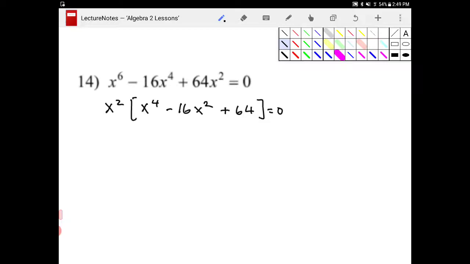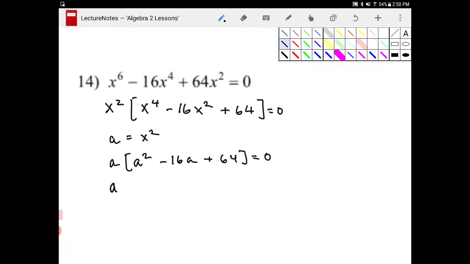If you recognize what to do, you don't need to use a dummy variable, but if you don't, I encourage you to. You don't have to use the letter u. You can use the letter a if you'd like. So let's say a is equal to x squared, then this whole thing turns into a squared minus 16a plus 64 equal to 0.